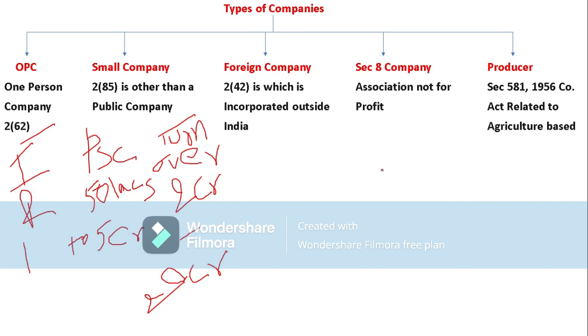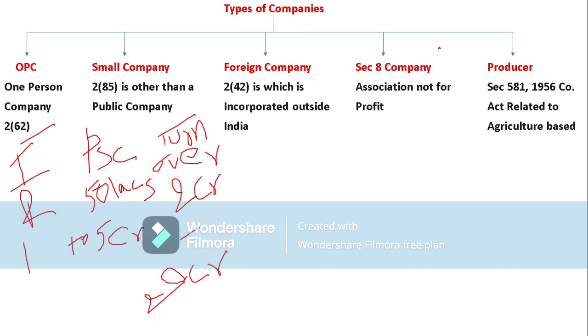Okay. And such type of companies need not be a separate firm or else a partnership firm also. Okay. And here, at the suffix of the company name it should use company limited or else private limited. Both public limited or private limited, a suffix should be added at the last of the company's name. But in section 8 companies, okay, these type of companies need not use either public limited company or private limited company.